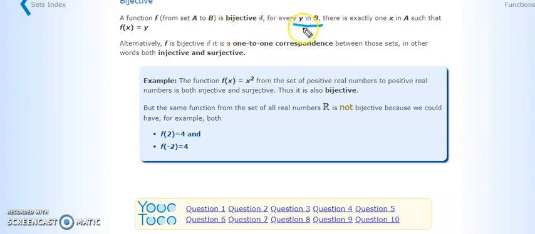For every element in B you will have one x such that f(x) is going to what? y. If this type of thing occurs, we call that f bijective. And bijective functions are also known as one-to-one correspondence, or it is both injective and surjective. Okay, I think this much is enough for the beginning. So we'll do the rest in the next video.